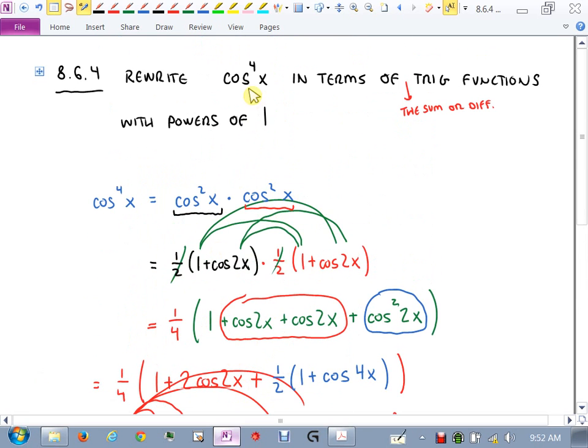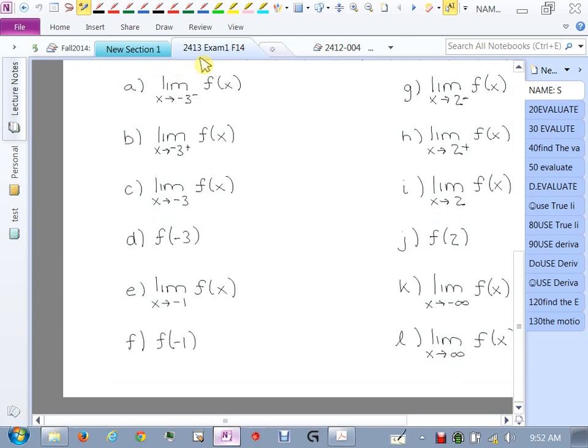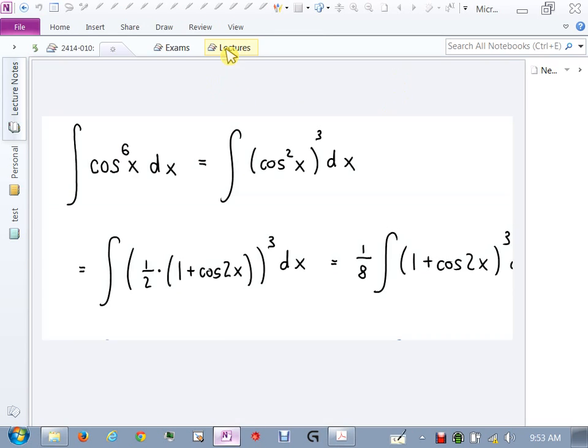We give the student like cosine to the 8th, and we tell them to break it down. And it's like the entire page written sideways because there's not enough room on one line for everything. It's really a disaster. I don't think I torture my students in class with that. I think I just give them probably a cosine to the 6th problem.